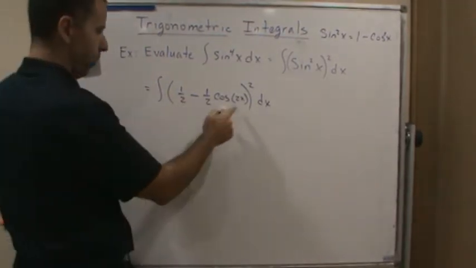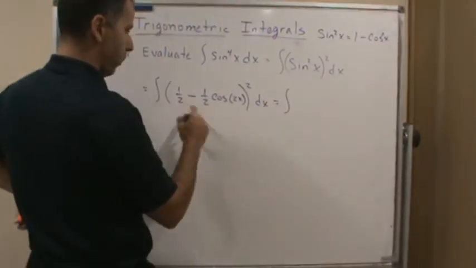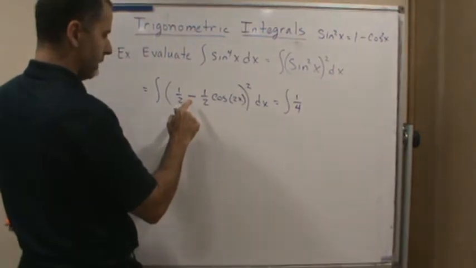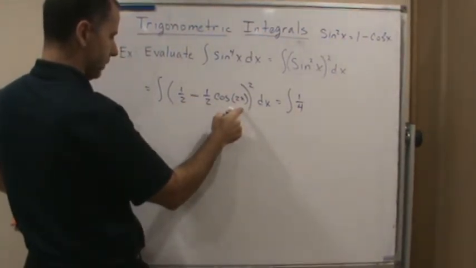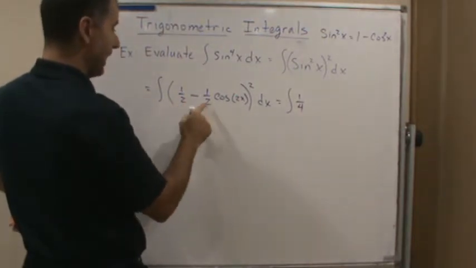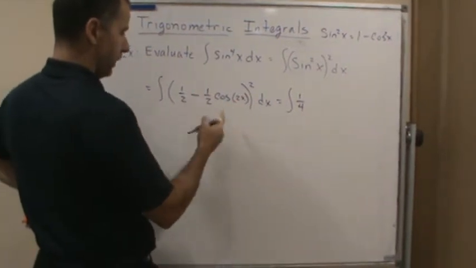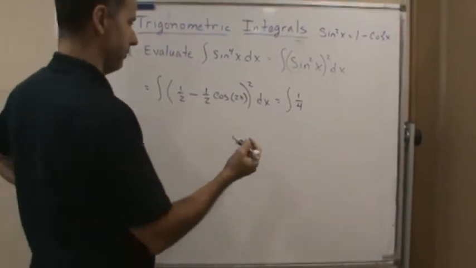So now I'm going to just FOIL this and expand this. So this is going to become the integral of 1/4. And this is going to become what? It's going to become negative 1/4 cosine 2x twice. So I'm going to get two of those, so I'm going to get a negative 1/2, right?